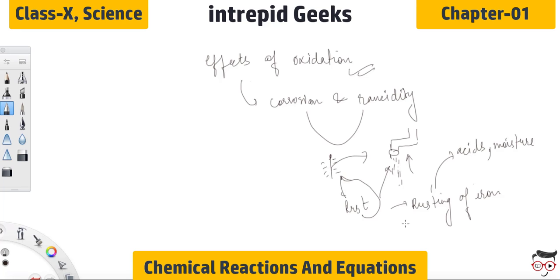Every year, an enormous amount of money is spent to replace damaged iron from the iron railings and other places. This creates a lot of problems, but since we can't avoid the exposure of iron articles to moisture, this process has to occur. We can just take preventive methods in order to reduce the effects of corrosion.